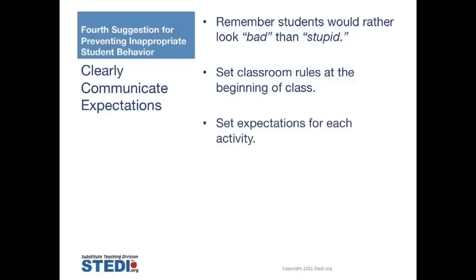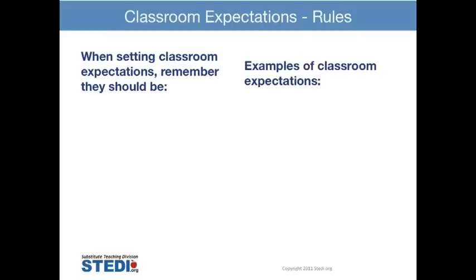And there's also expectations for each activity. So let's talk about classroom rules for a minute. When setting classroom rules, remember that they should be concise, stated in as few words as possible, specific, and instructive, meaning they should tell the student what they can do, not what they can't do.